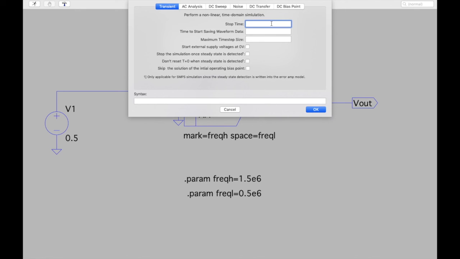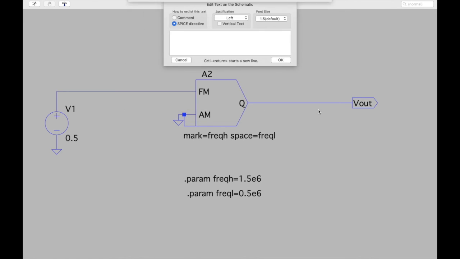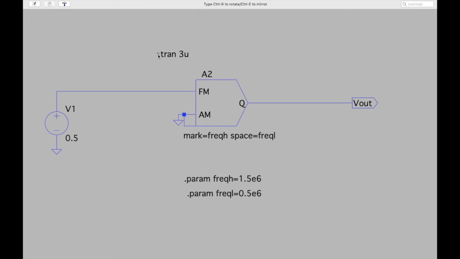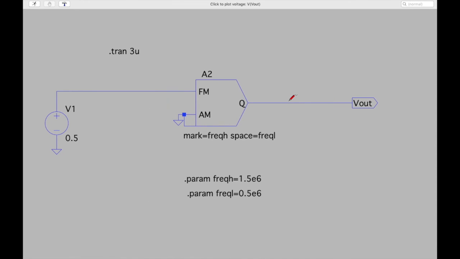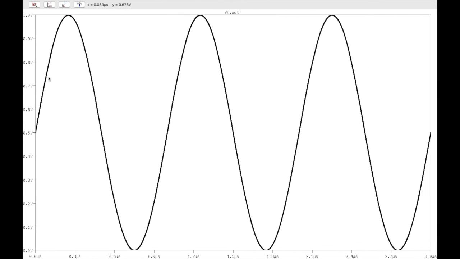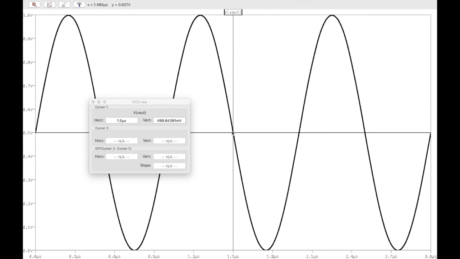Transient, and because it's 1 megahertz, to see maybe 3 cycles we can give 3 microseconds. Just run it, then click here, and you can see a very nice 1 megahertz waveform. On the time axis, you can just get the cursor point.